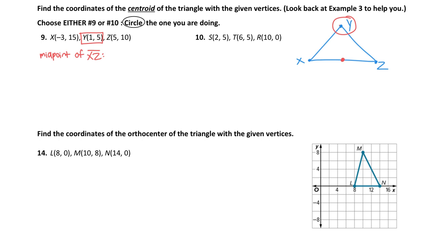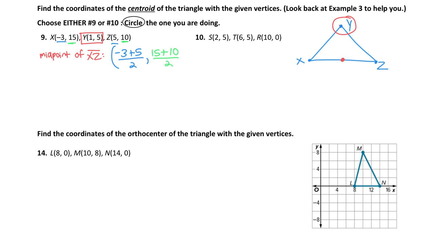So we are going to take the first x, which is -3, plus the second x, which is 5, and divide that by 2. That'll be the x coordinate of our midpoint. And then do the same thing for the y's. So then we're going to do comma, then 15, because that's the first y coordinate, plus 10, our second y coordinate, divided by 2.